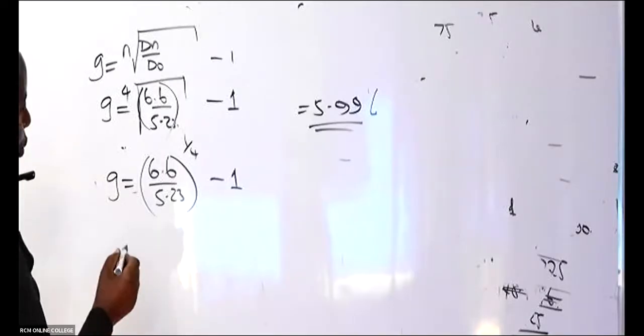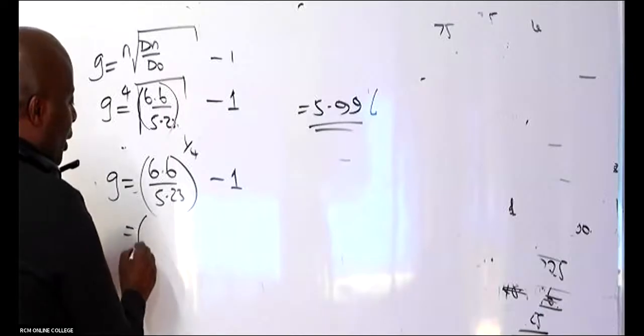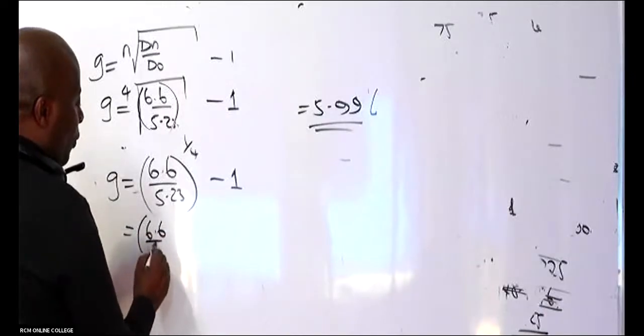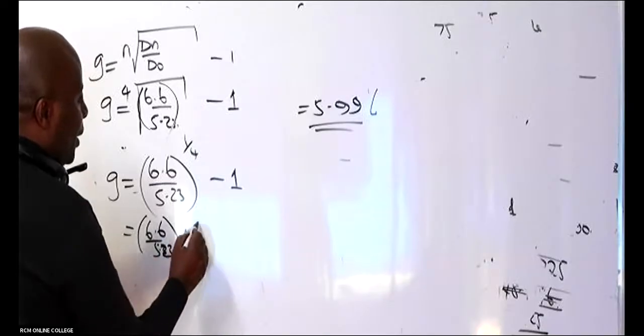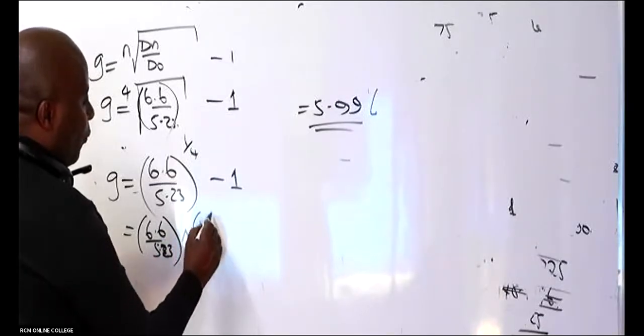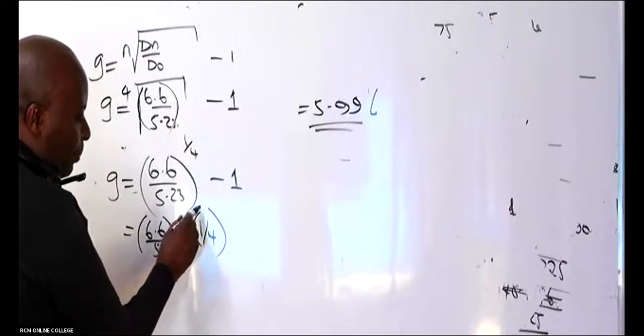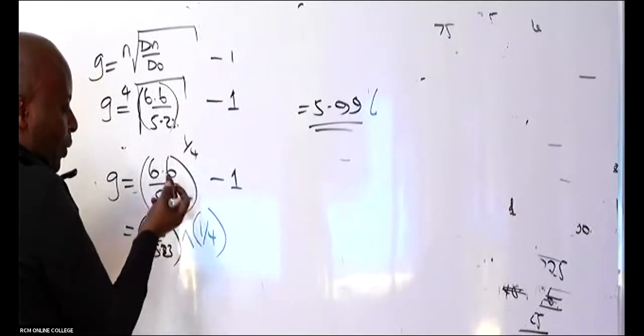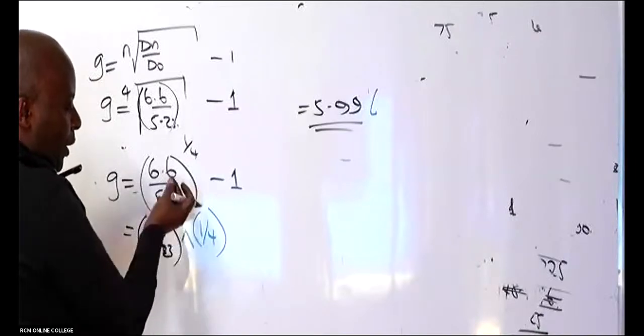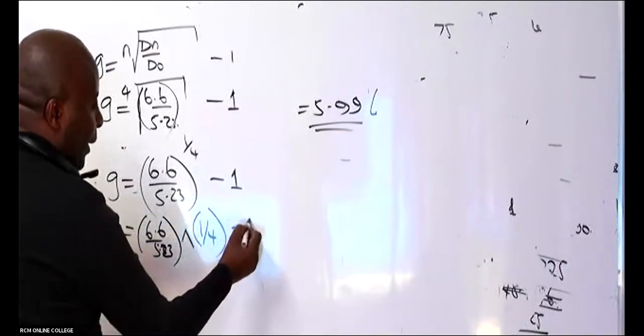So you say into brackets 6.6 over 5.23, raised to 1 over 4. You must put this 1 over 4 in brackets. I know you can see the raised key in your calculator. And then you say minus 1.